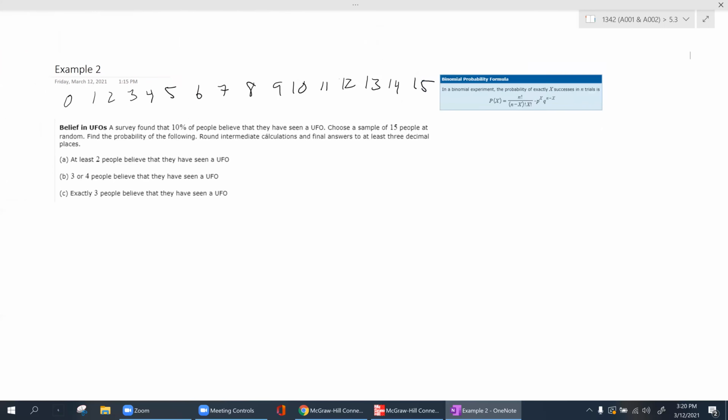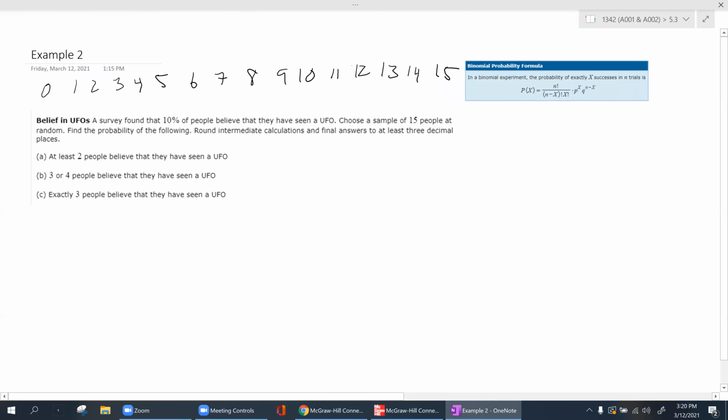I have here, find the probability of the following: 3 or 4 people believe that they have seen a UFO. So 3 or 4. In other words, I'm going to look at these 2. That's going to be pretty straightforward.